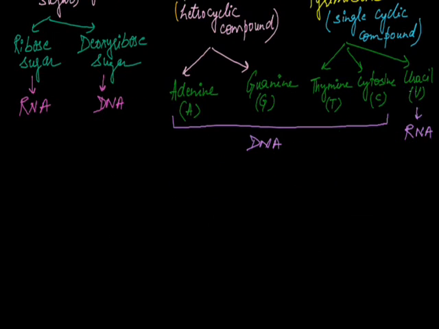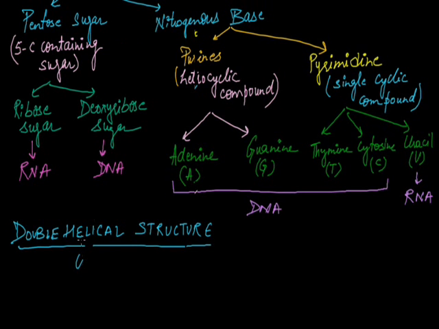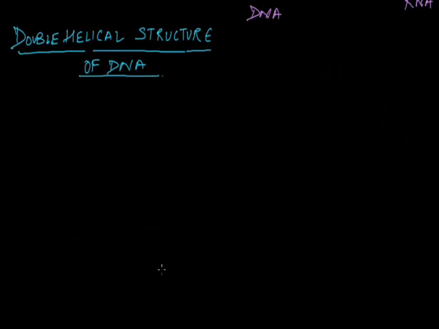Now we'll see the double helical structure of DNA. The double helical structure of DNA is made up of two polypeptide chains interweaving each other.